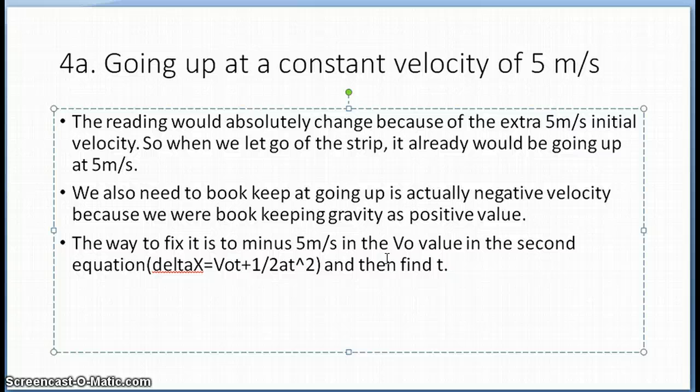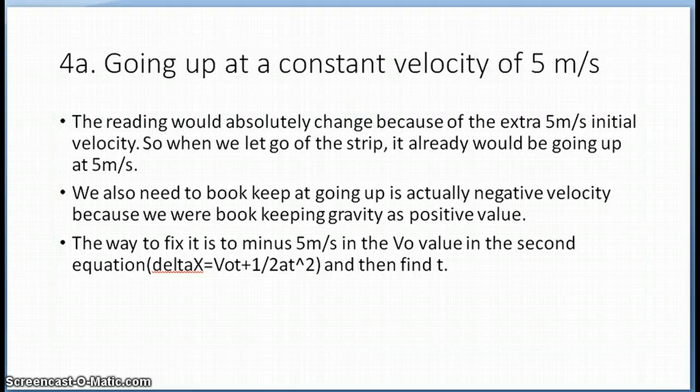So the way to fix the equation is to put minus 5 into the initial velocity, and then find t, which is fairly easy.